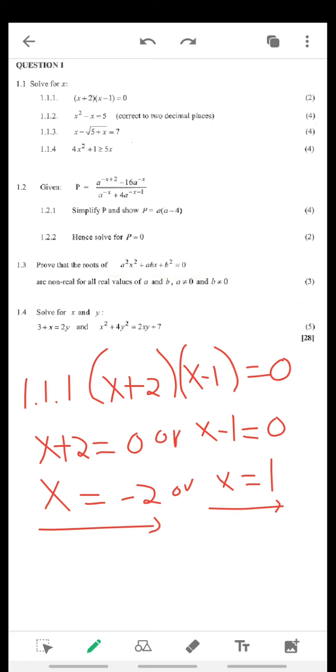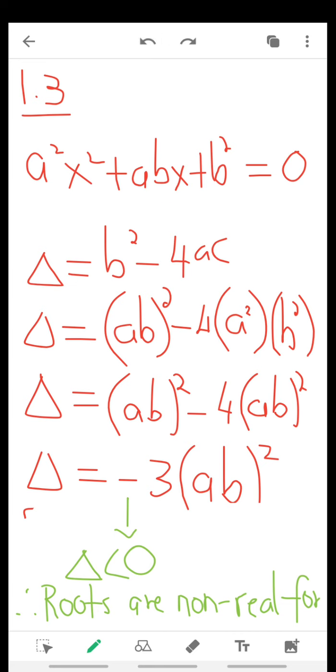Now, let us do that 1.3. So this is the given equation, of which the a squared represents a, ab represents b, and plus b squared represents c. So when we write down our discriminant, this is the discriminant formula, which is taken from the quadratic formula, and then we substitute.